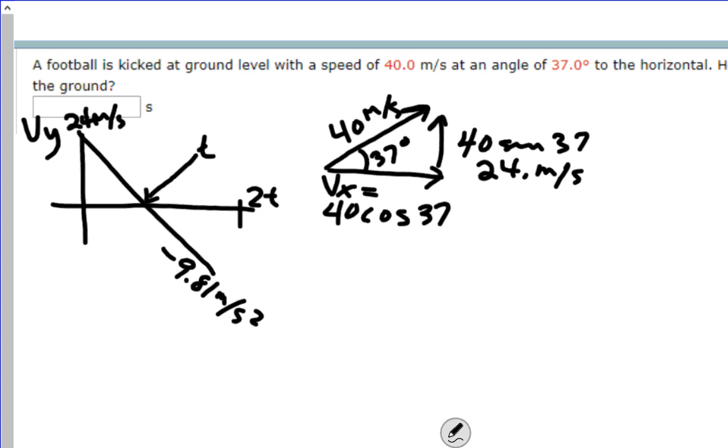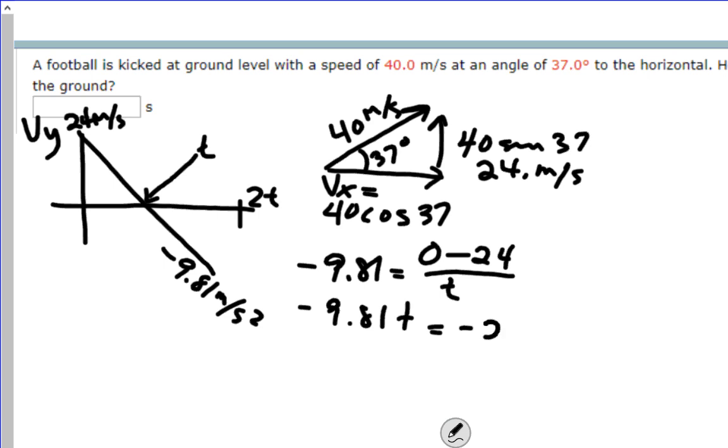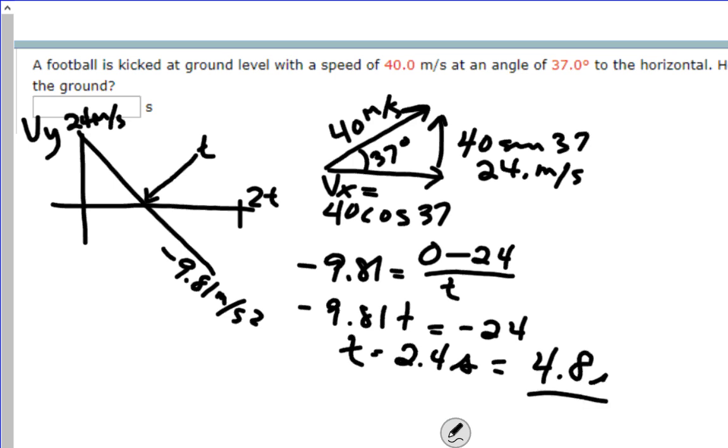So it's a quick application of the slope formula yet again. We don't even care how high it goes this time. And so negative 9.81, t equals, so it's about 2.4 seconds here, which means my answer is going to be 4.8 seconds. It's going to be the total.